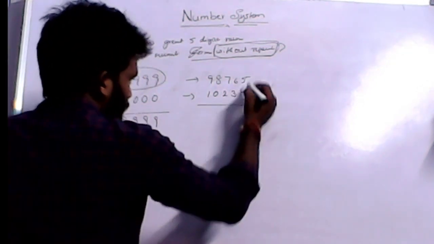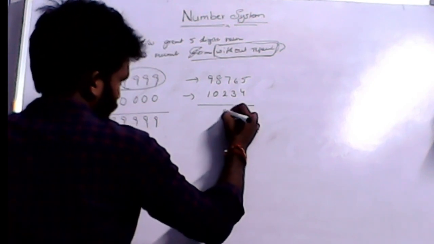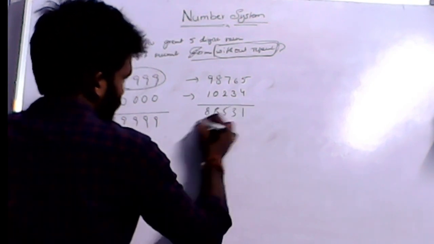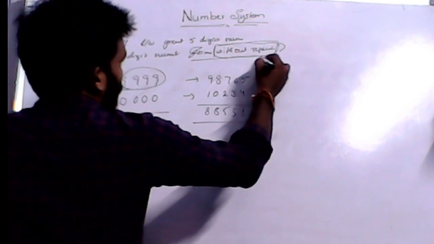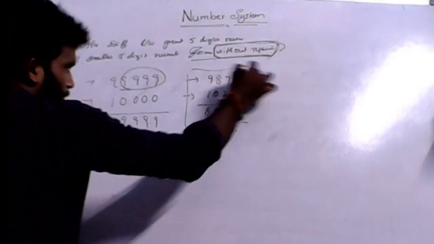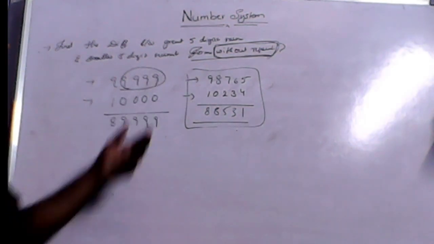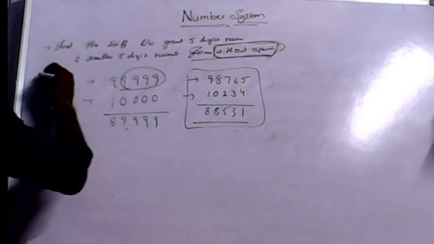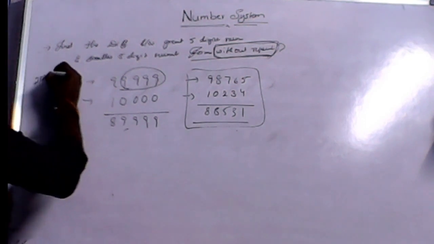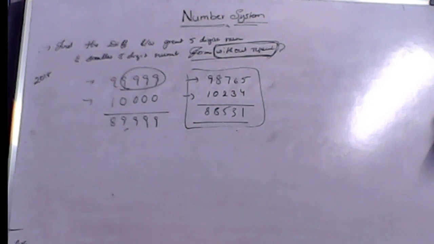So by subtracting, we get 85,000-something, 13588. By observing this, we have to make sure the greatest number is like this. This was asked in 2018, I think.